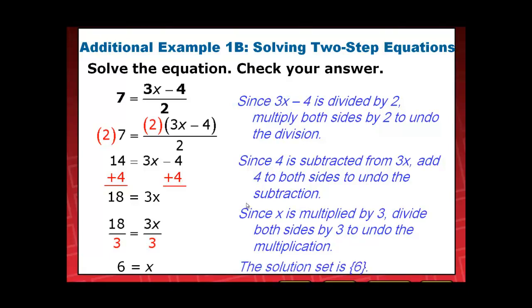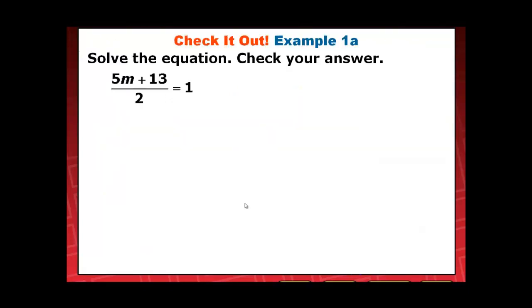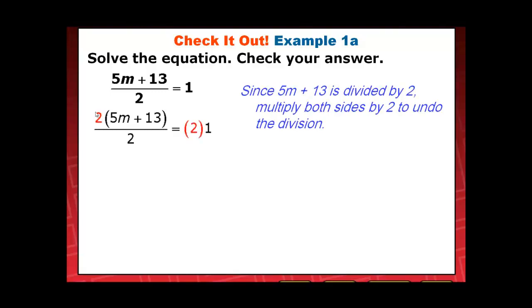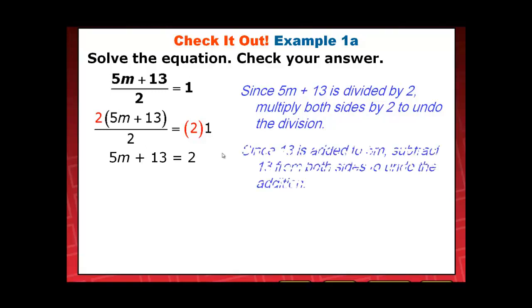Let's go next. 5m plus 13 divided by 2 equals 1. First, I will divide 2, so I will multiply by 2 on both sides. Then I will remove 2 with 2, so remaining from here 5m plus 13, and here 2 multiplies 1 is 2. Remove 13, 13 is adding, so we will subtract 13 from both sides.